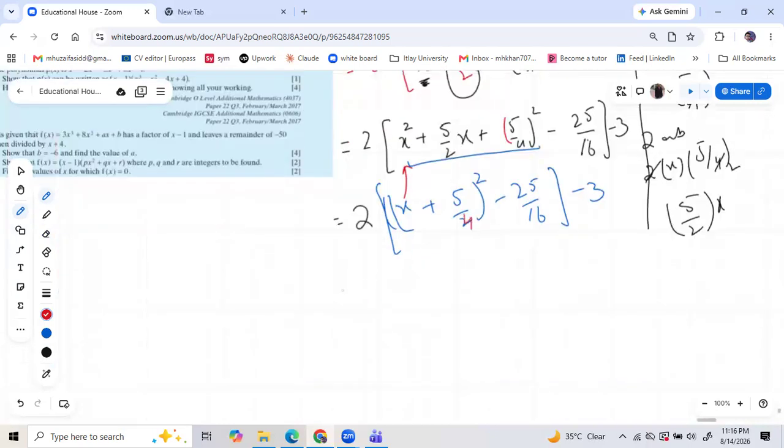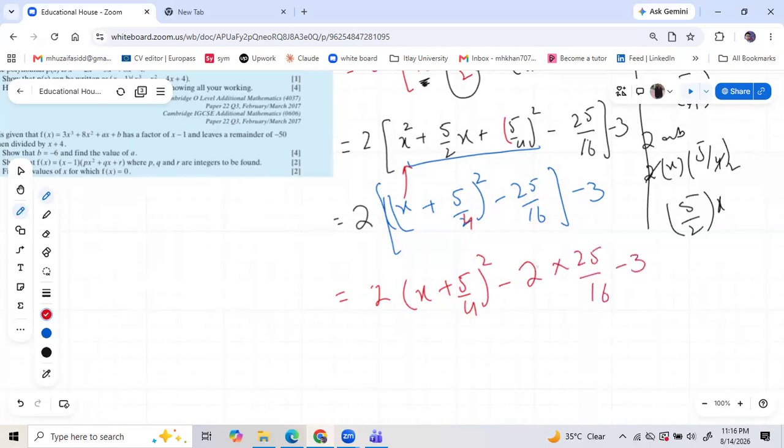This is your 2 of x plus 5 over 4 of square minus 2 multiplied by 25 by 16 of minus 3. So this is your 8, and look at it here.